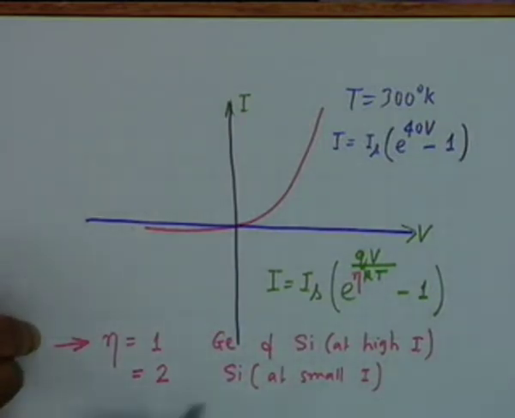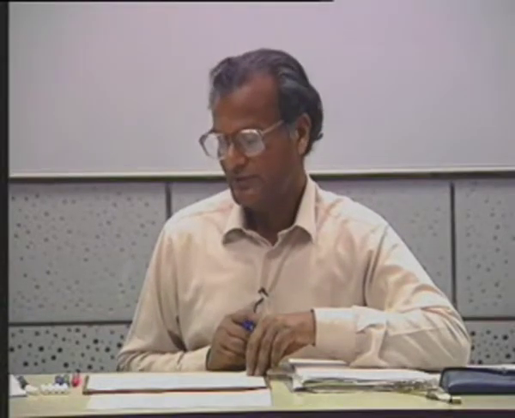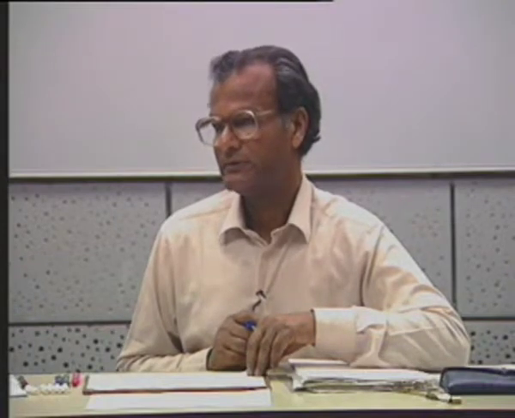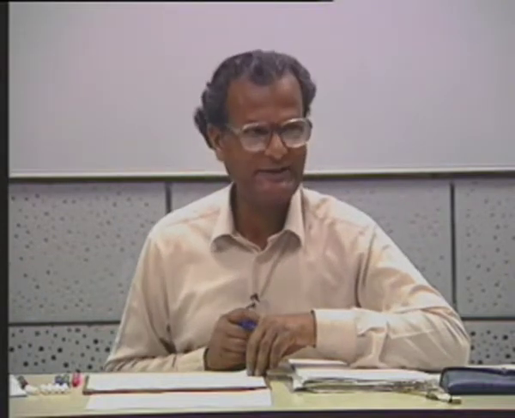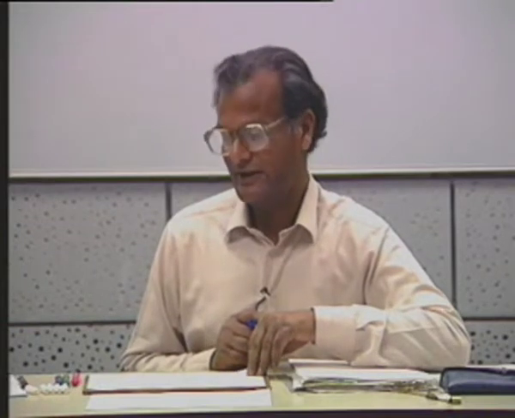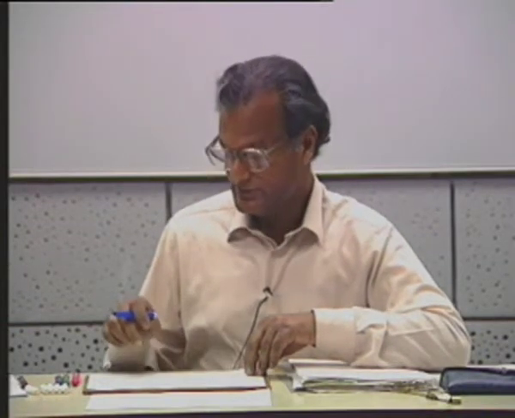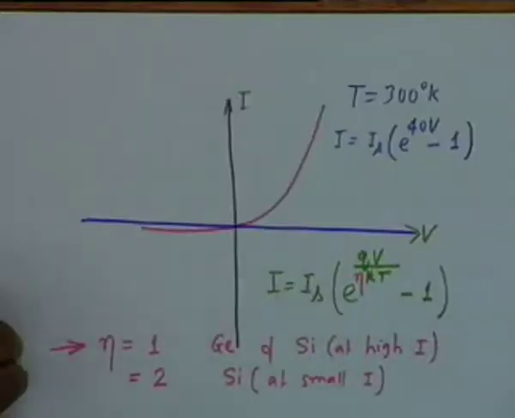If eta is taken as equal to 2, then instead of 40 we shall have the figure 20. You must also remember that this holds at room temperature, where the room temperature is assumed to be how much? 27 degrees Celsius or 300 degrees Kelvin. If the temperature is increased or decreased, correspondingly this figure 40 has to be altered.